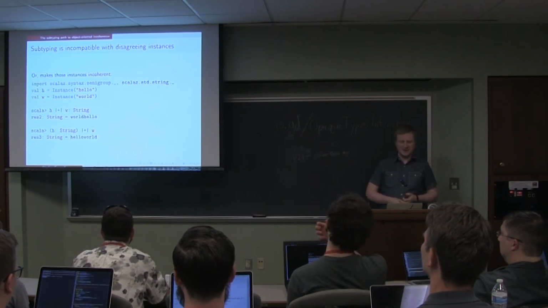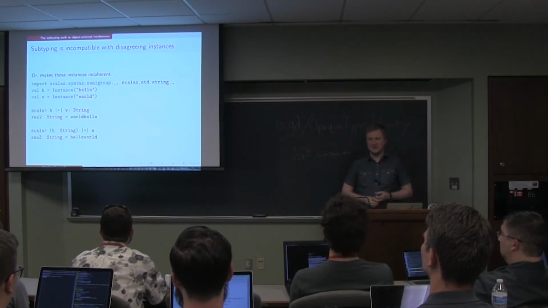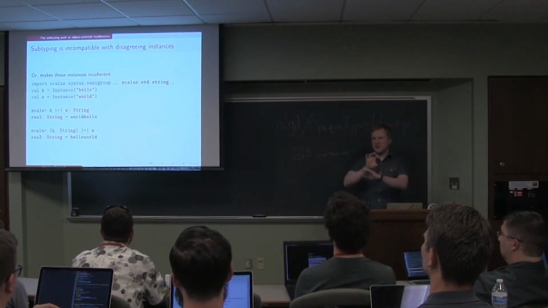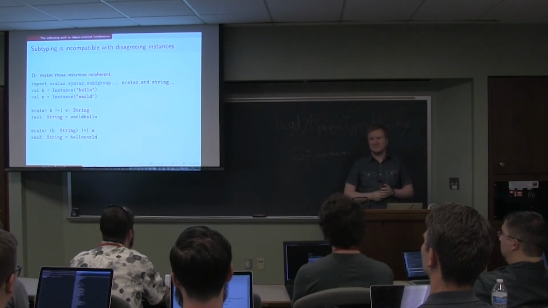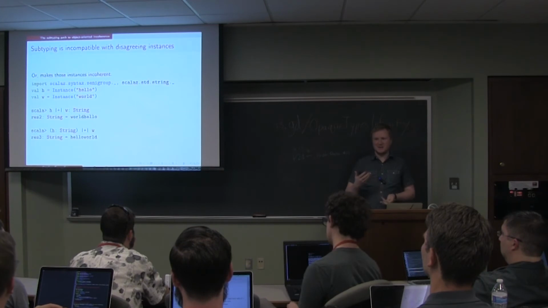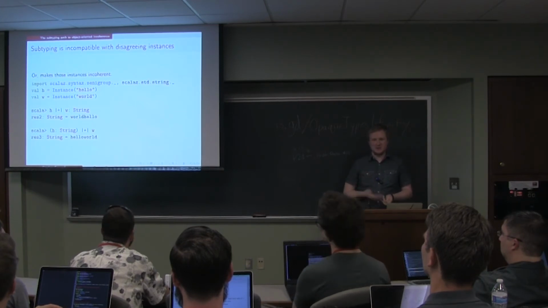So if the widening happens after the append, then we get our dual behavior. If the widening happens before the append, and this is very dependent on how exactly method lookup works, then we get the append that we didn't expect, the original string append, right?